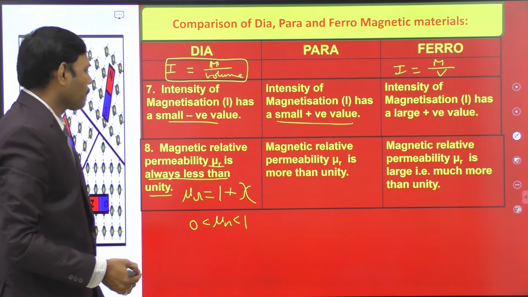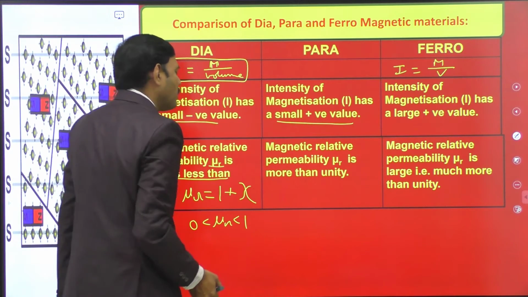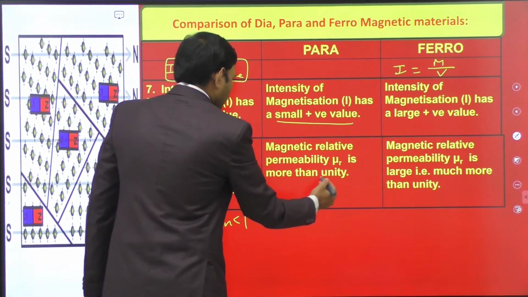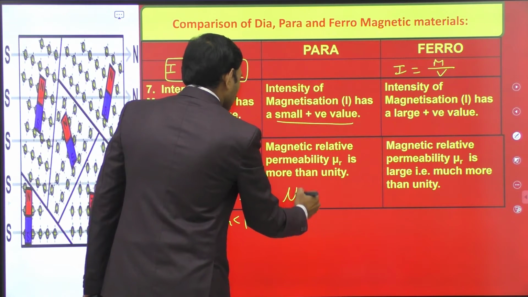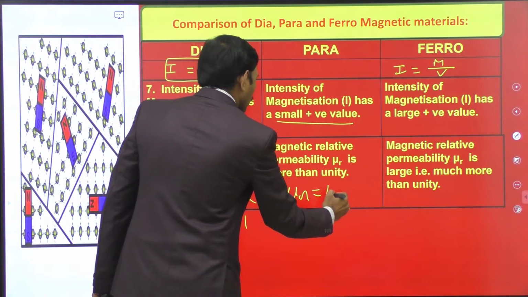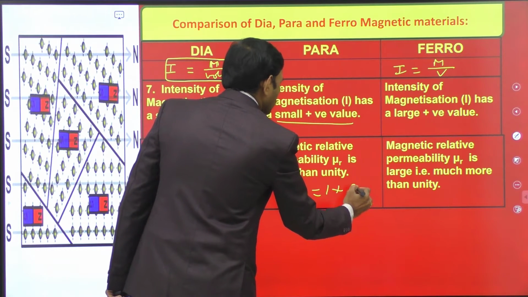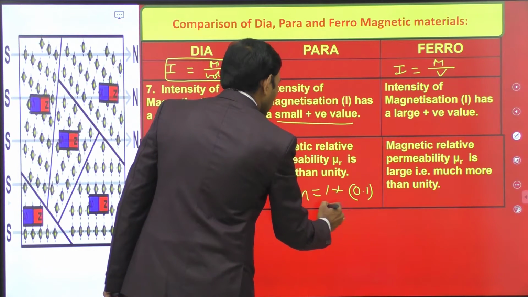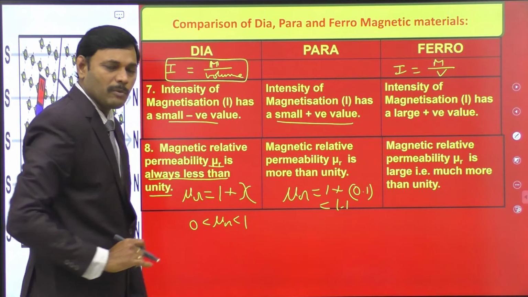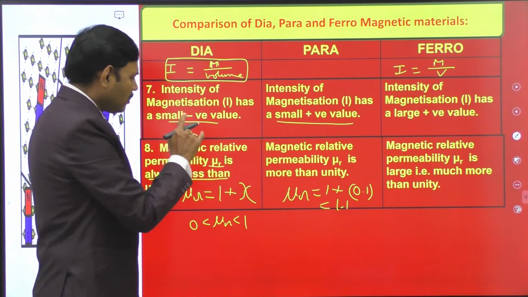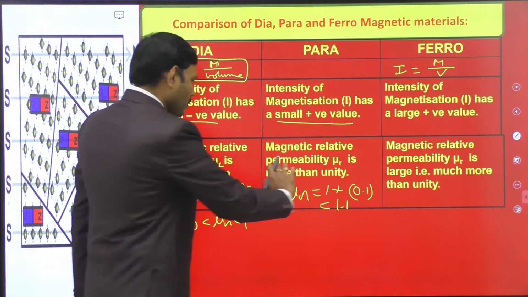For paramagnetic substances, the relative permeability is more than 1, because Xi is a positive decimal. So mu r is equal to 1 plus some positive decimal like 0.1. It may become 1.1; I am giving this numerical value for clarity. That's why it must be greater than 1.